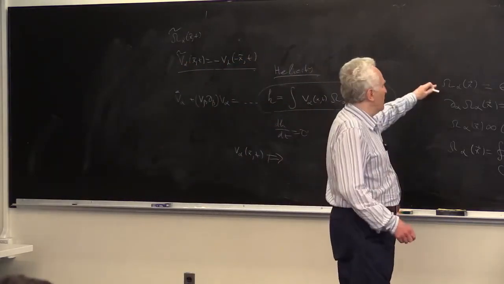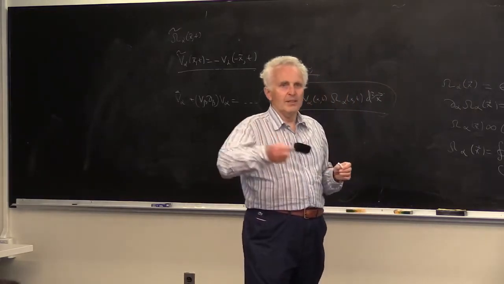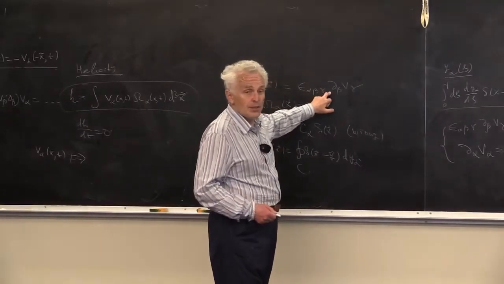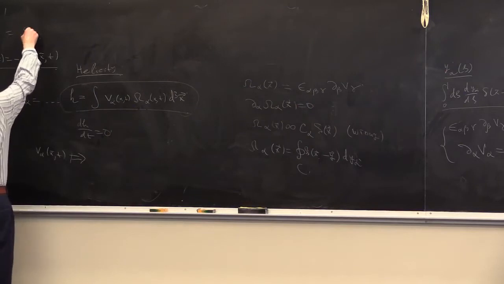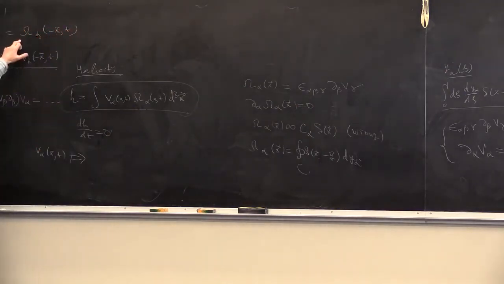So what does this formula tell you? Under reflection of x, v changes sign, the derivative changes sign, so omega doesn't change. The answer is omega_alpha of minus x and t. And that's just a definition, you can call it any way you like, but the standard name is that this is called a true vector, and this is called a pseudovector.